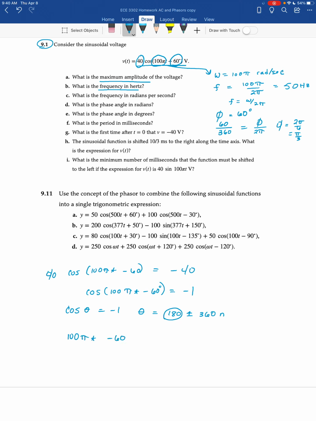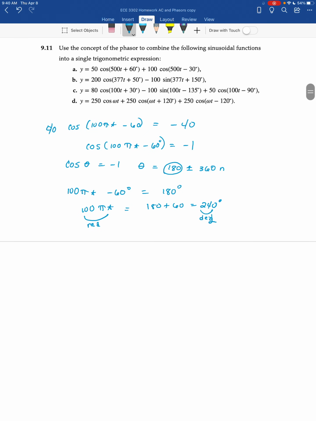So we want 100 pi t plus 60 degrees to be 180 degrees. So 100 pi t is 180 minus 60, or 120 degrees. And now the problem we have is that this is going to be in units of radians, and this is in units of degrees.